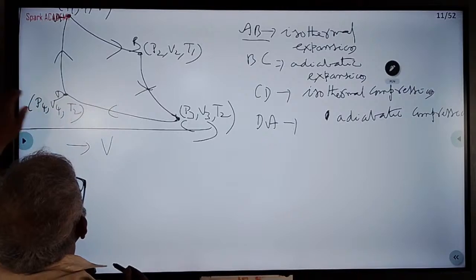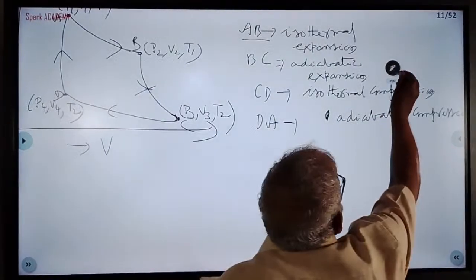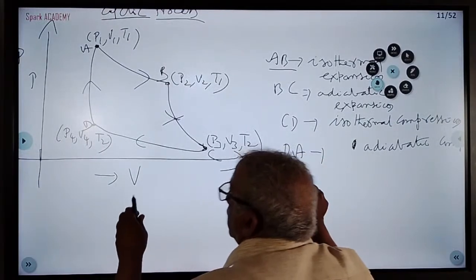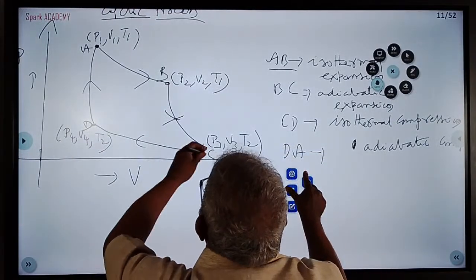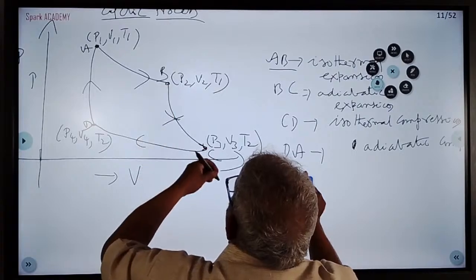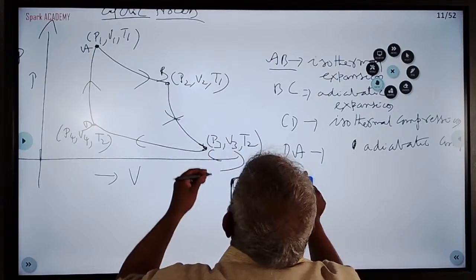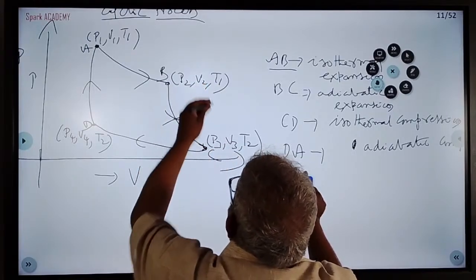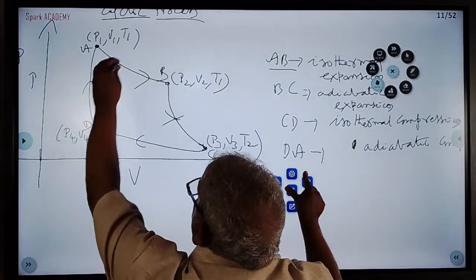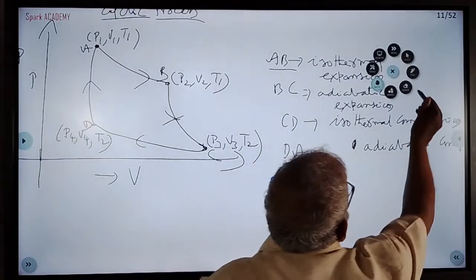For the adiabatic process, T1 V2 to the power of gamma minus 1 is equal to T2 V3 to the power of gamma minus 1. Finally, T2 V4 to the power of gamma minus 1 is equal to T1 V1 to the power of gamma minus 1. You will get it, so that is what we are going to use.